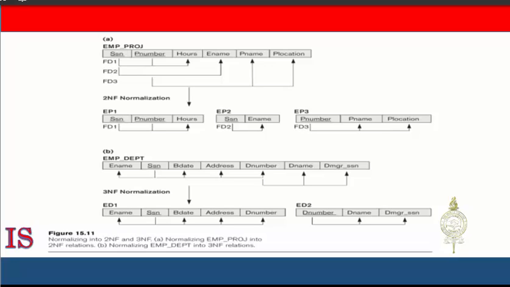Intuitively, we can see that any functional dependency in which the left-hand side is part, that is a proper subset, of the primary key, or any functional dependency in which the left-hand side is a non-key attribute, is a problematic functional dependency.